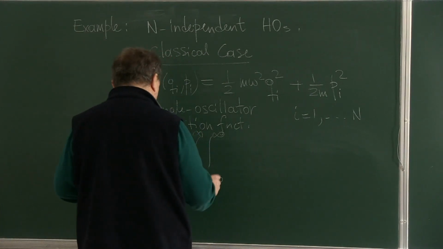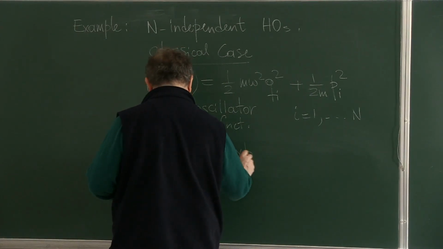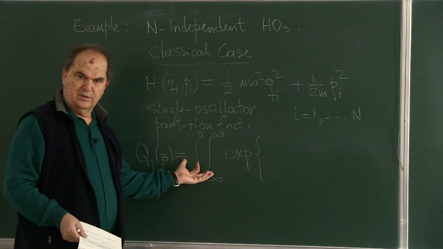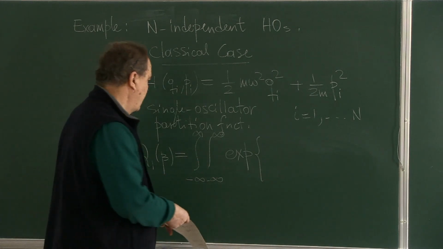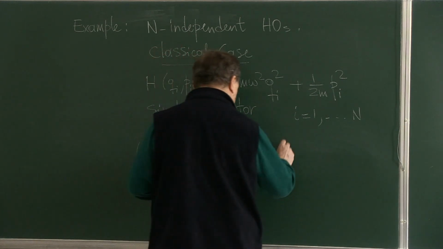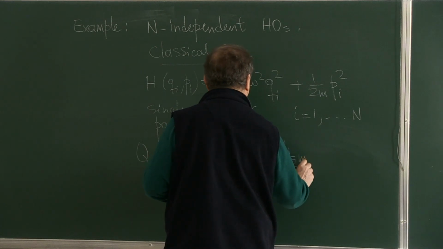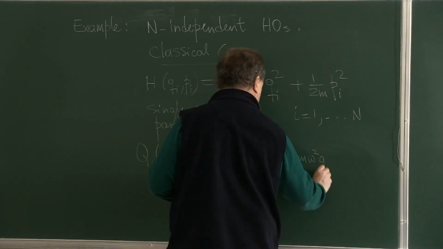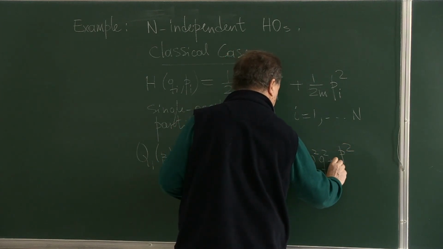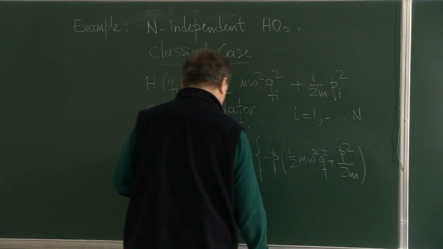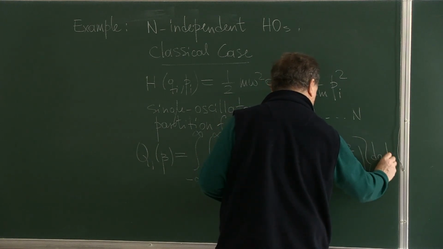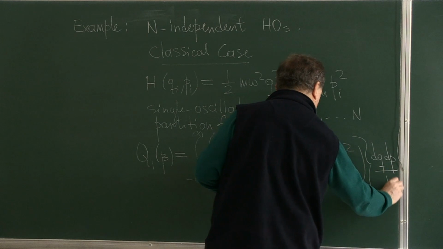So the exponential then, well, that is the sum turned into an integral, isn't it? The exponential term is minus beta times the Hamiltonian. Since I have 1 dimension, it's dq dp divided by h.